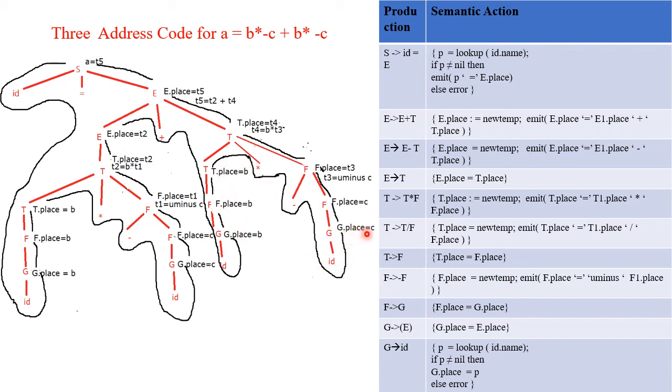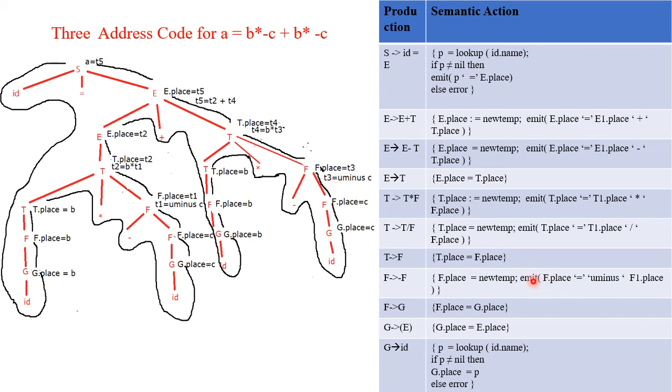Here G.place equal to C, F.place equal to C, and when F gives minus F happens, we have to create a new temporary variable, F.place equal to T3.